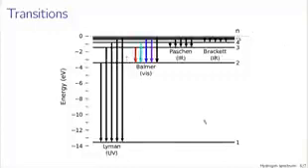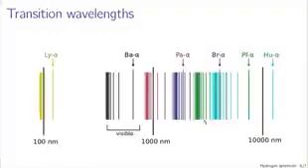The transition wavelengths can be calculated pretty simply. What we have here is an energy that we can calculate, and we know the energy of the photon is going to be given by Planck's constant times the frequency, or alternatively, Planck's constant times the speed of light divided by the wavelength.